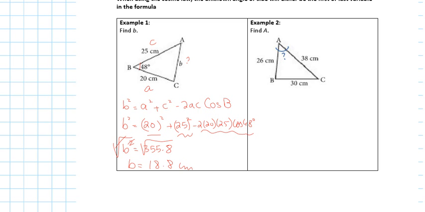Now, make sure you enter it in the calculator and make sure that your answer is matching up. Now, what's your final answer? Was it 18.8 exactly? Okay. One at a time. This entire equation.